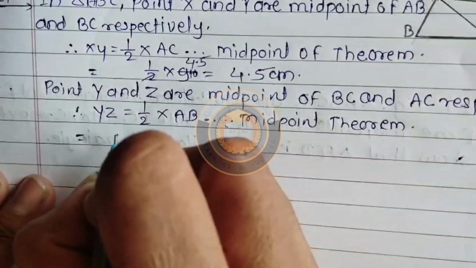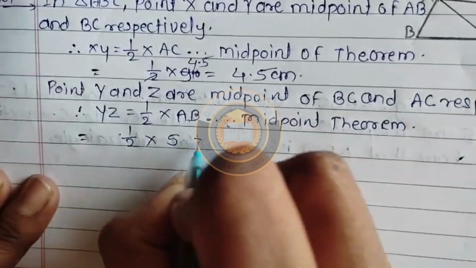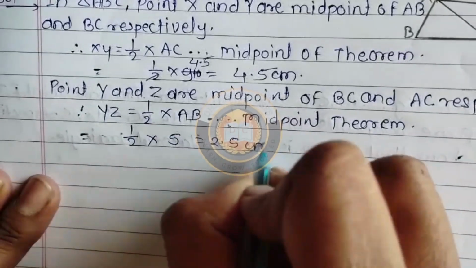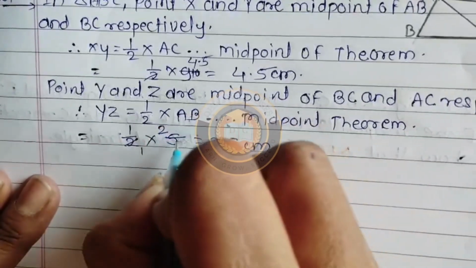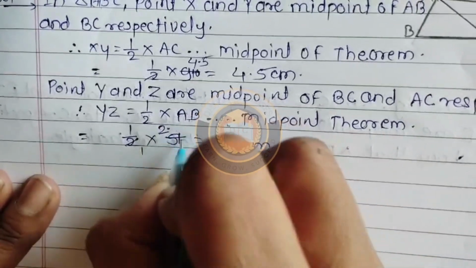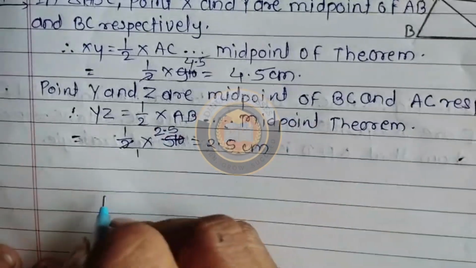Equals to 1/2 into 5 is equal to 2.5 centimeter. इथे 2 1 जा 2, 2 जा 4 and इथे 1 येतो, इथे डेसिमल पॉईंट घेऊया, इथे 0 घेऊया, 2 5 जा 10, इथे 2.5 सेंटीमीटर येतं.